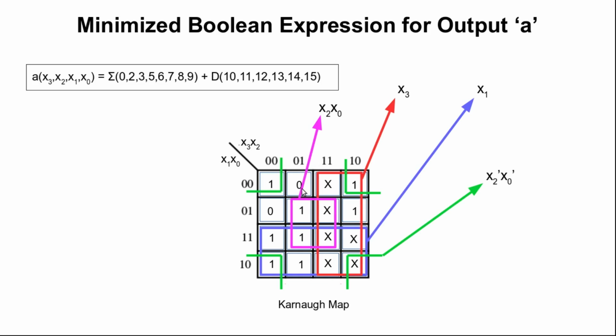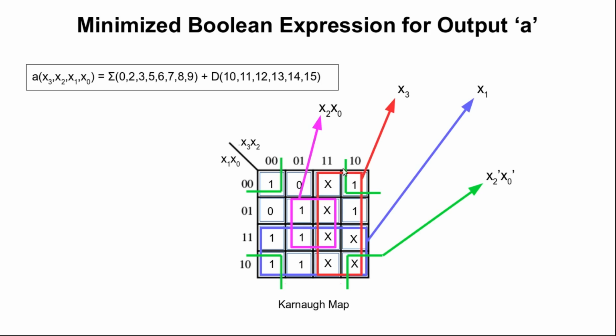Same thing for the green colored group. The green colored group consists of columns 0, 0 and 1, 0. So between these two columns, x3 is changing. x3 is 0 here, it's 1 here. So x3 will be discarded, whereas x2 is 0 here and it's also 0 here.